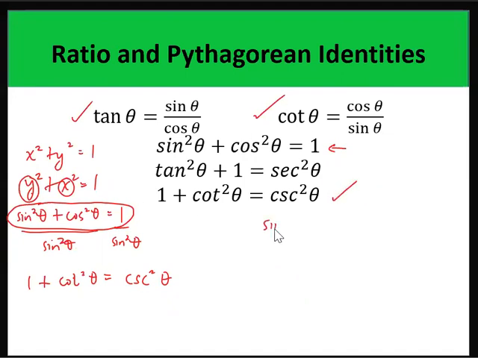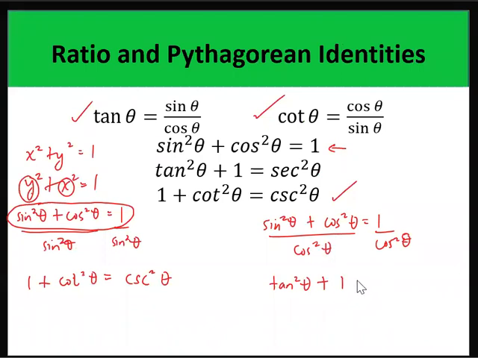Now, if we are going to divide sine squared theta plus cosine squared theta equals 1 by cosine squared theta, then the resulting identity would be sine squared theta over cosine squared theta is tangent squared theta, plus cosine squared theta over cosine squared theta is 1.